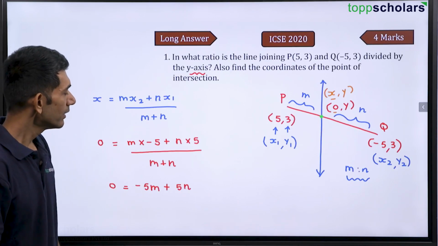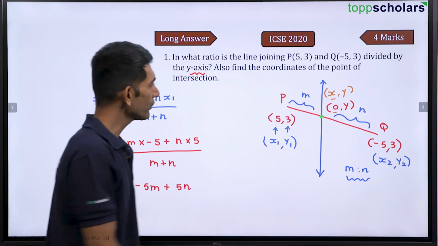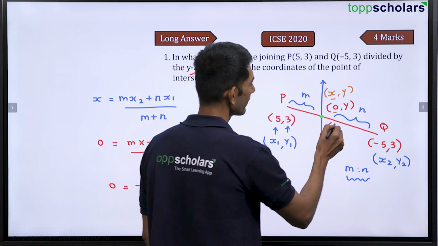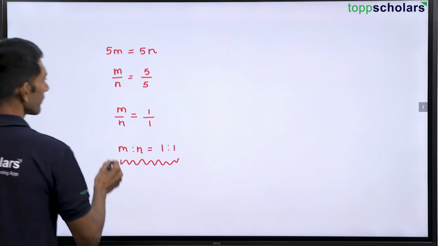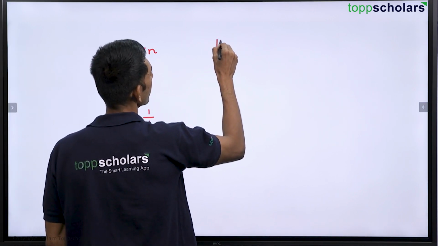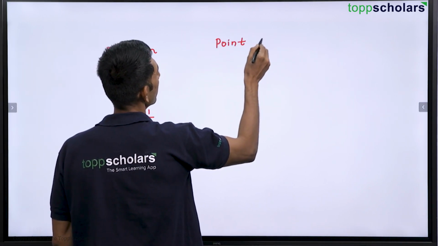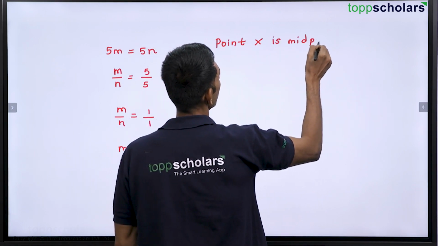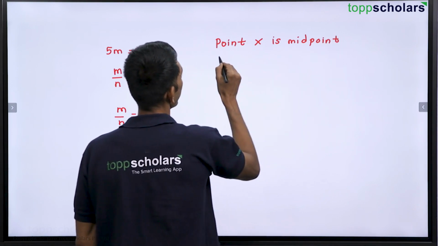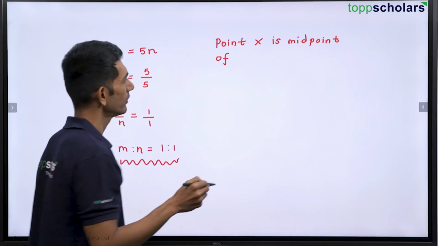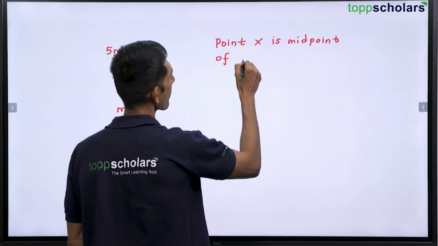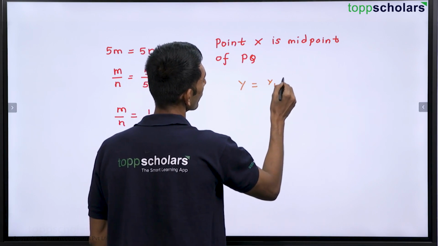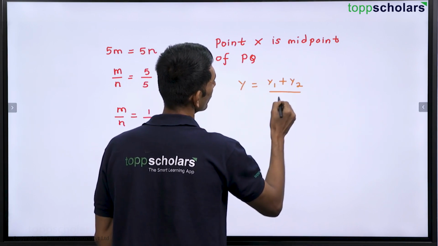Now understand. Now we got the ratio, right? So if you see very carefully, this point, if I call this point x, I can say point x is the midpoint of PQ. Can I say my formula for y will be (y1 + y2) by 2.